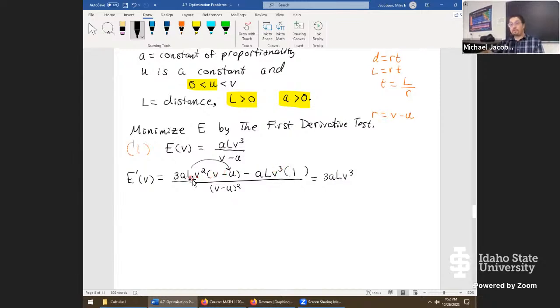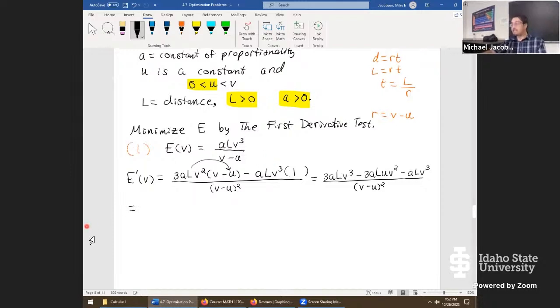I'll put that constant u in front of v to not get mixed up. So minus 3ALU v squared. And over here it's times 1, so I'll just copy minus ALV cubed. It's pretty much like the photosynthesis problem at this stage with dealing with the derivative. Denominator is v minus u to power 2.